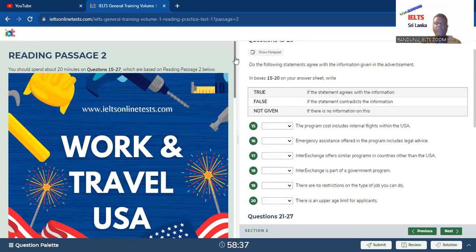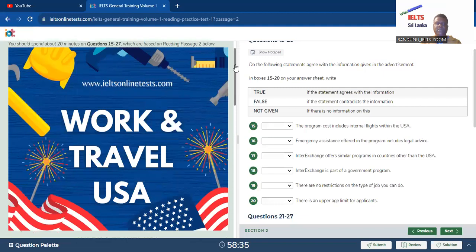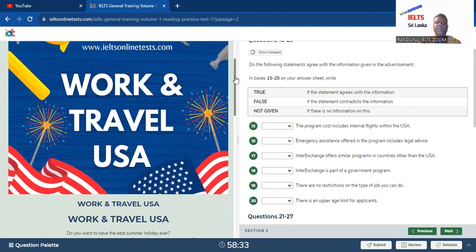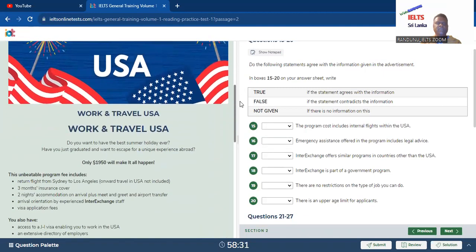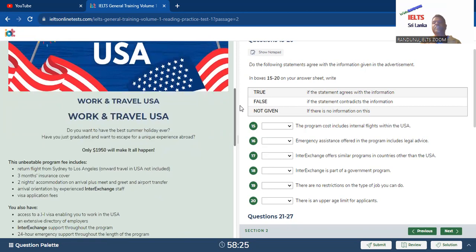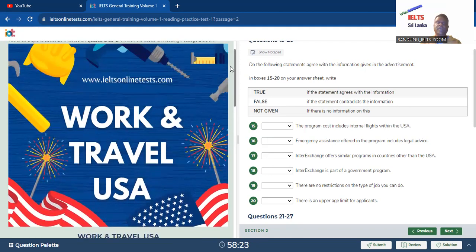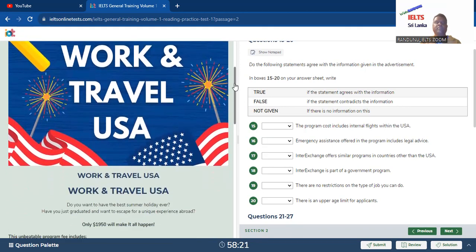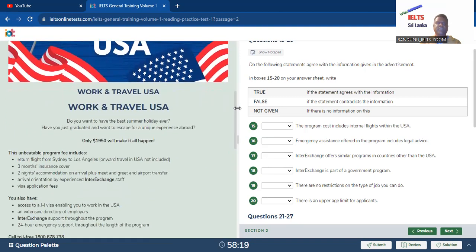First of all, what you will do is glance through the passage. Okay, it is about work and travel USA. So if you want to go to USA for work or travel, you can use this particular agency. This is an advertisement published by one agency about going to USA for work or just travel, right?